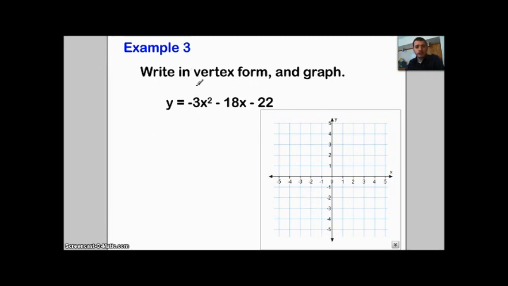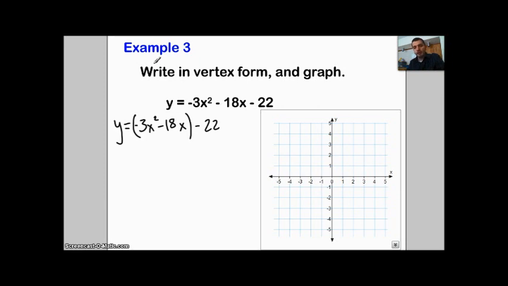All right, so here we go. Again, we're going to write this in vertex form. We're going to do the same thing. The first thing I want you to do is separate your terms out a little bit. So this is going to be y equals -3x squared minus 18x, and I'm going to put that in parentheses. We don't need to leave space yet, and I'll tell you why. Then minus 22, so you're just separating your c value.